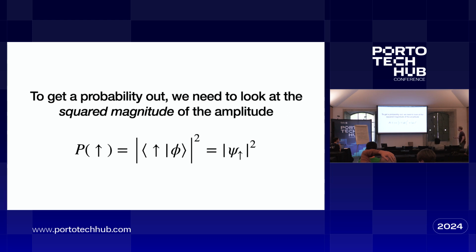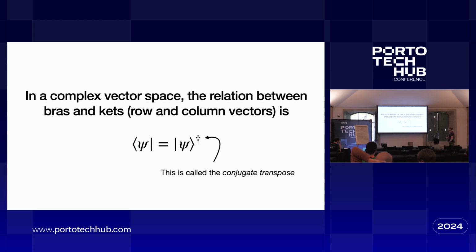Okay. Now, in a complex vector space, we have a slightly different relationship between bras and kets. Instead of just being the transpose, the relationship between bras and kets comes from this dagger. All right? Dagger does two things. It transposes the vector, and it takes a conjugate of every element.